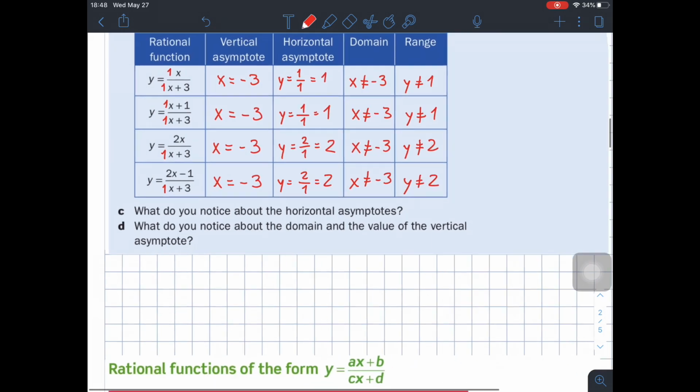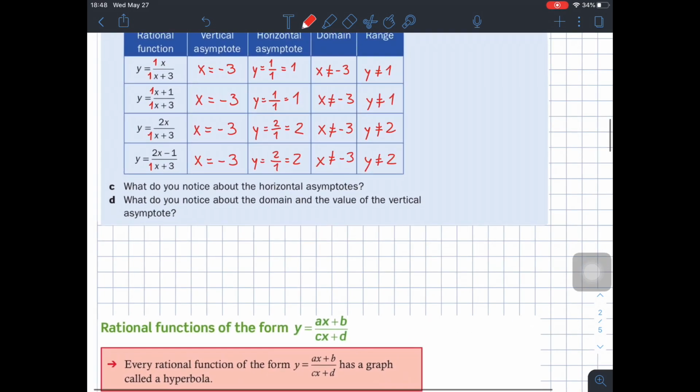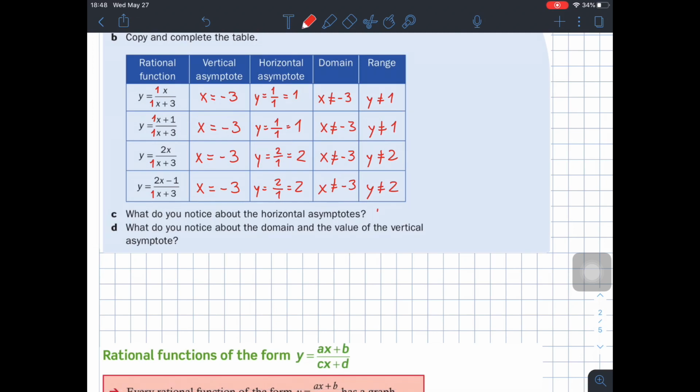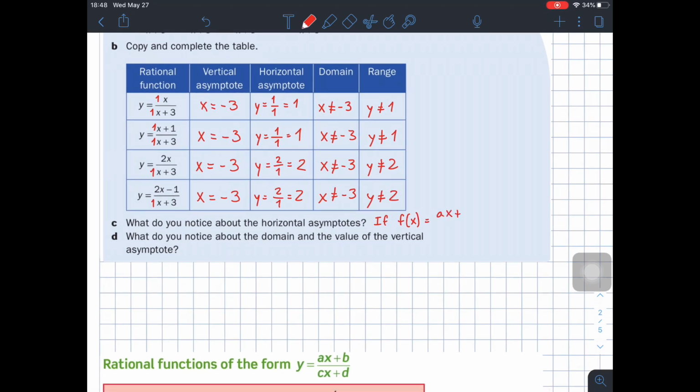Okay, so it says, what do you notice about the horizontal asymptotes? What we notice is that if the function is a rational function, that is f of x equals ax plus b divided by cx plus d, if we write this in letters, then the horizontal asymptote will always be equal to the coefficient in front of the x in the numerator divided by the coefficient in front of the x in the denominator, which is in this case y equals a divided by c, right?